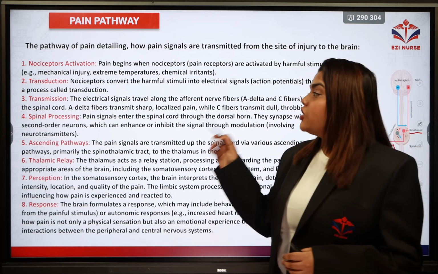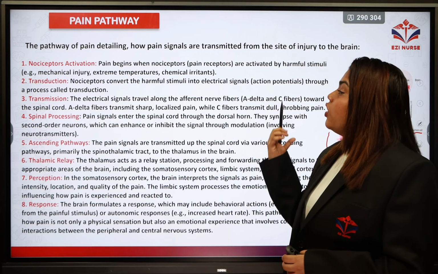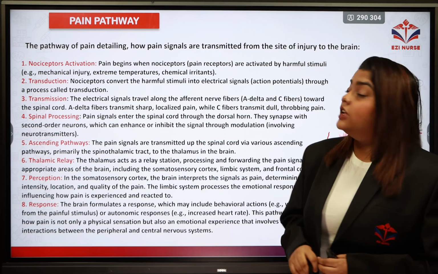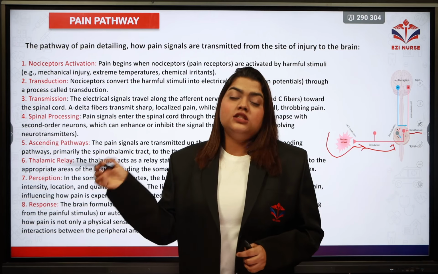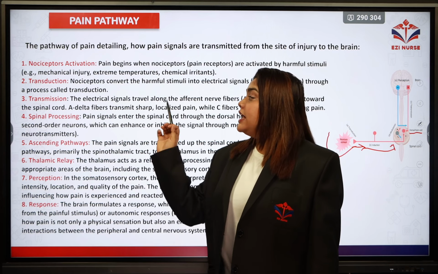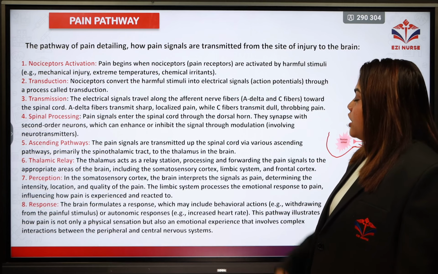Next, after that, transduction will happen. Now what is that? The nociceptors will convert the harmful stimuli into electrical signals, which is the action potential, through a process called transduction. Next is transmission, in which the electrical signals will travel along afferent nerve fibers.